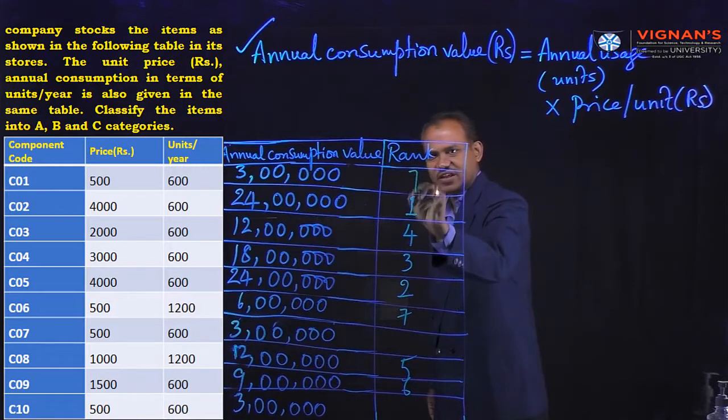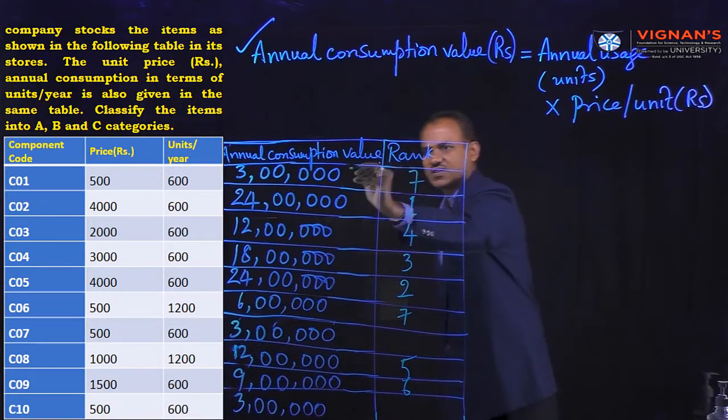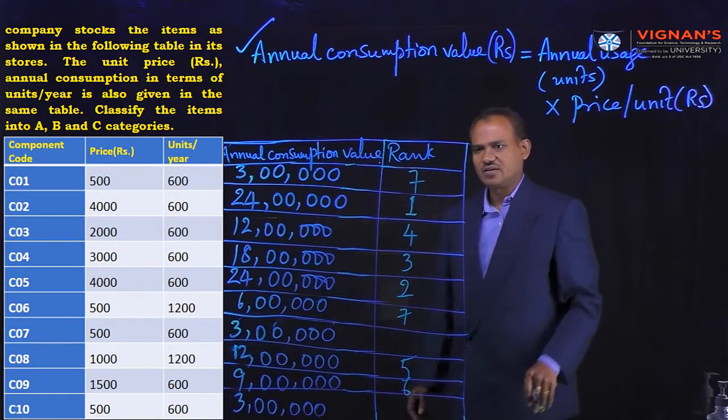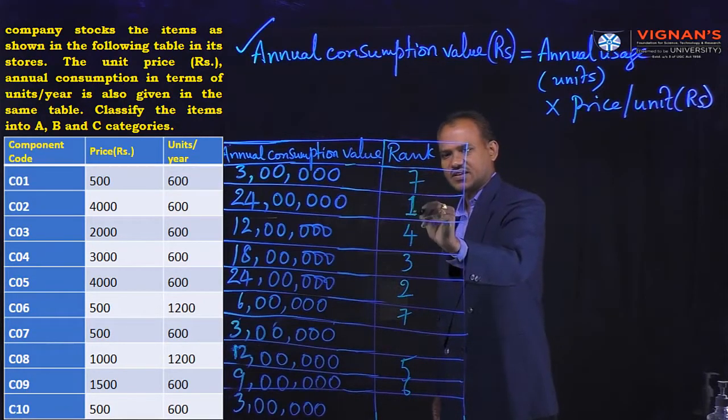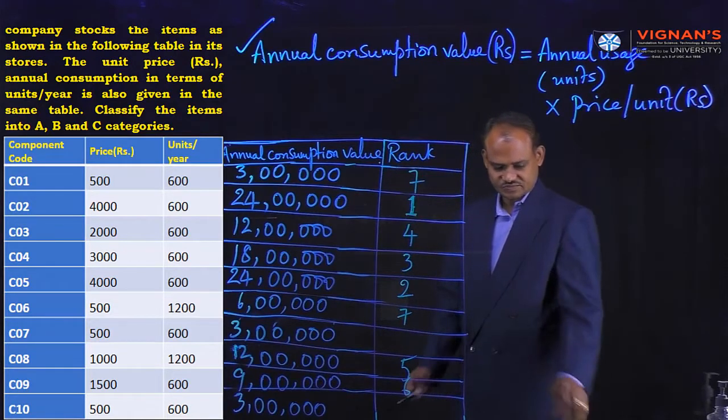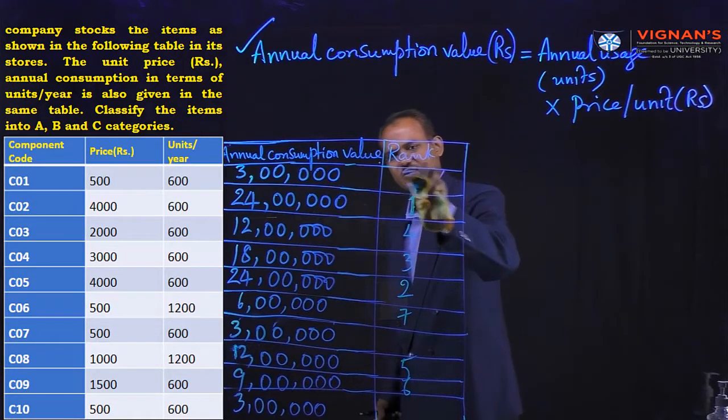Next is 7, starts from serial order. So assign rank 7 to the first component, sorry, 7th component.